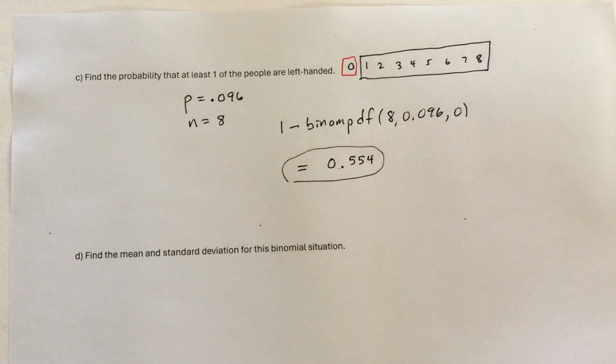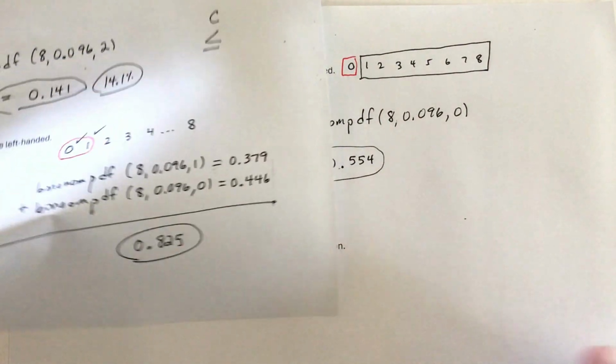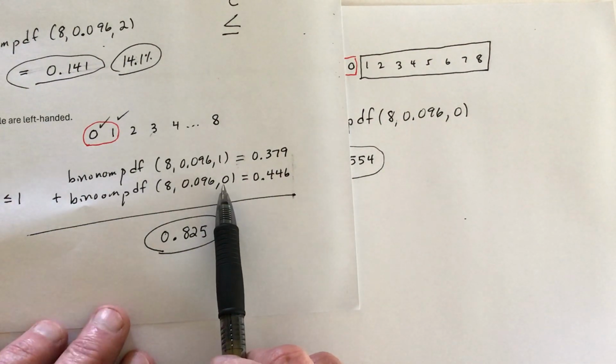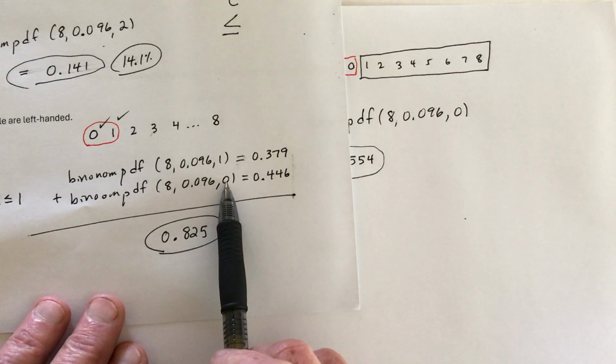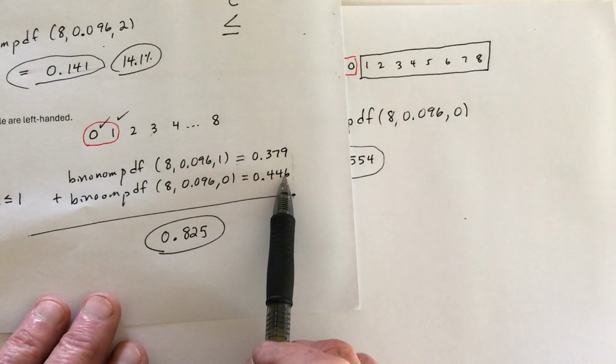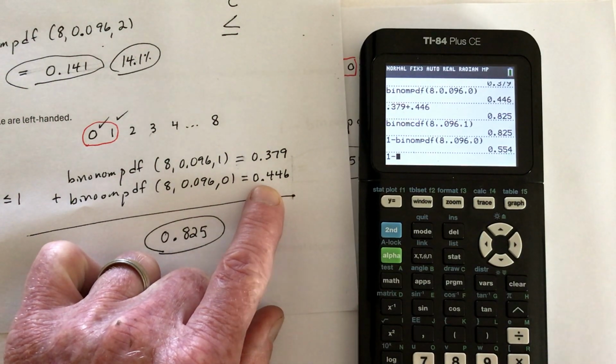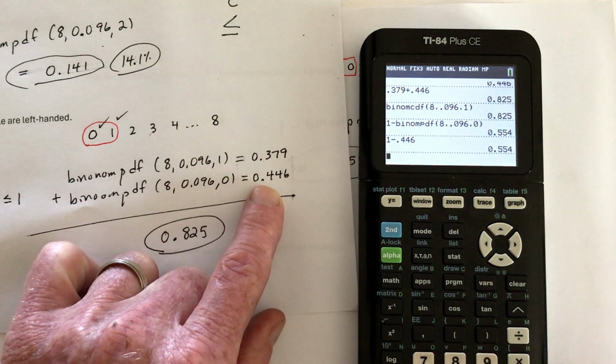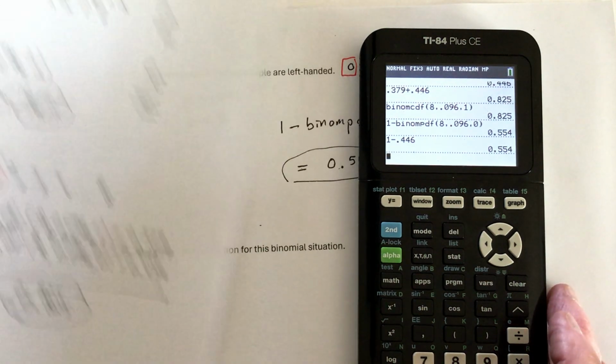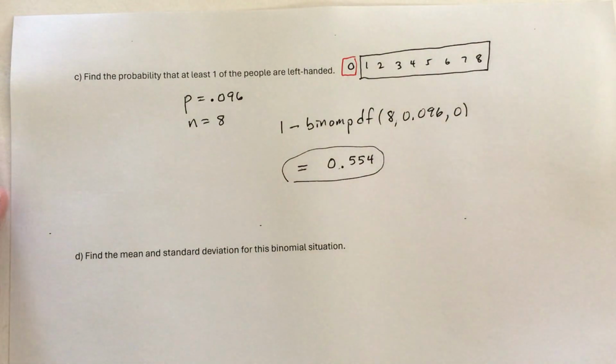But if you look at this part, the chances of 0 is 0.446. And if you do 1 minus 0.446, it equals the 0.554. So that means that 0.554 is correct.